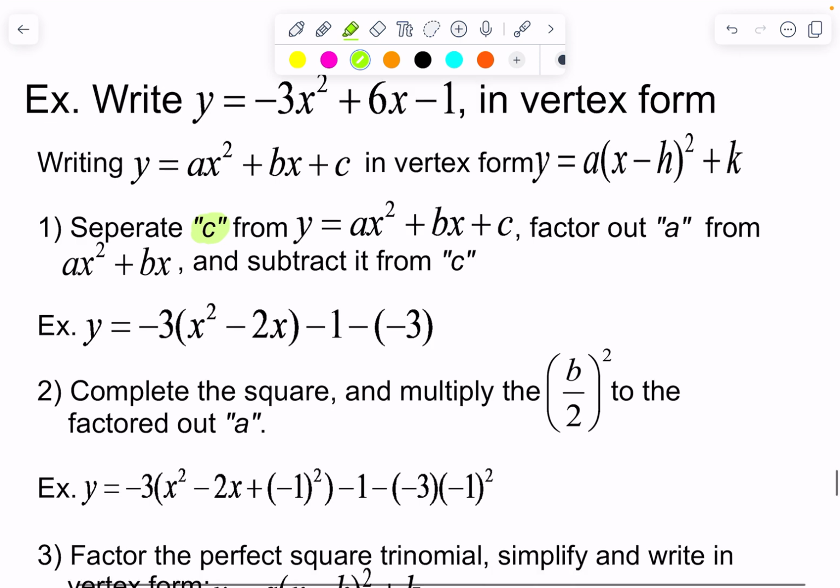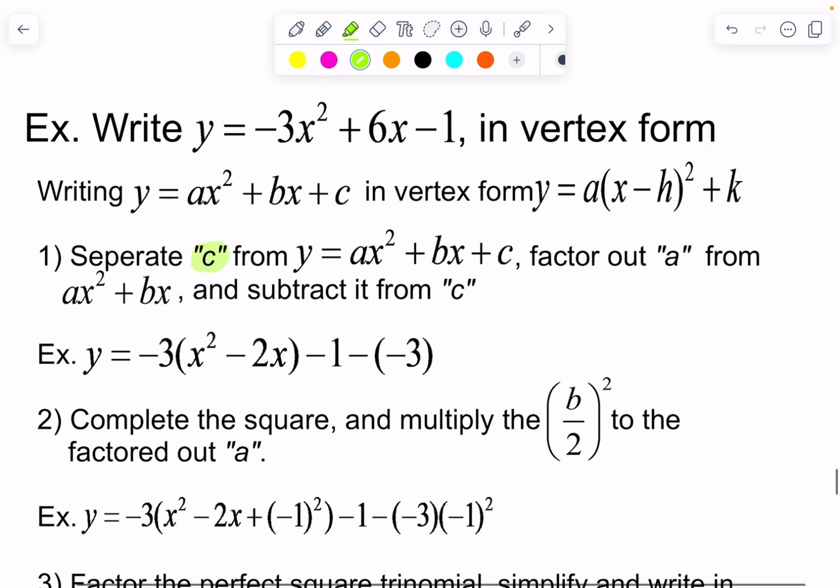So what did I just do here? Okay, let's check it out. I'm going to isolate the -3x squared plus 6x. So that's how and why I have my -1 outside here. But I want to make sure that I factor out whatever a I have from these two terms, from this binomial.